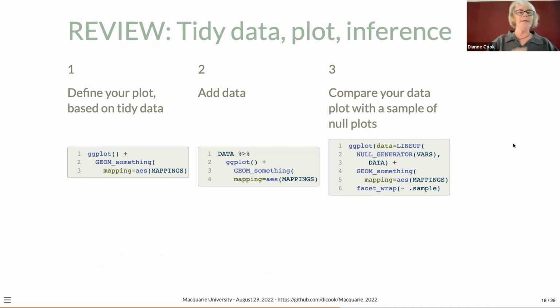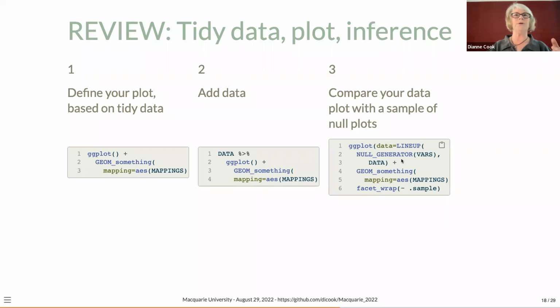Alrighty, so just reviewing. The way to add that inferential machinery is to define your plot based on the tidy data. In tidy data, you have variables in your columns. So define your plot based on tidy data, add your data in, and then add the comparison in.